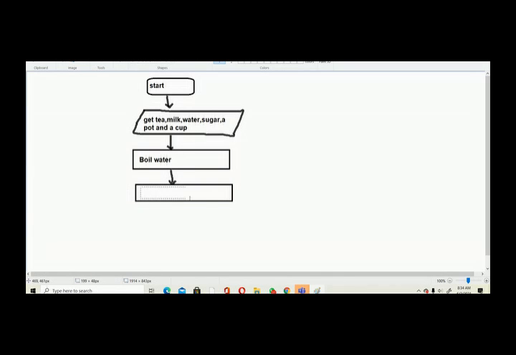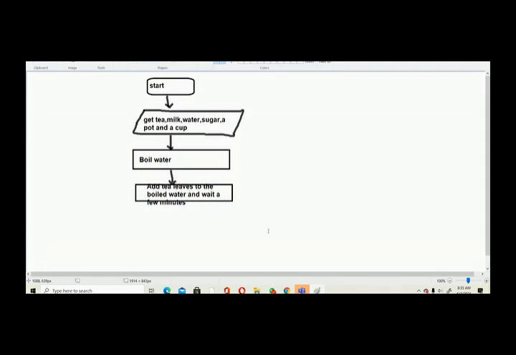Next one: boiled water, wait a few minutes. So you have to write everything here inside this rectangle.